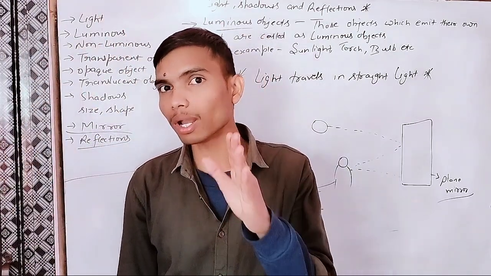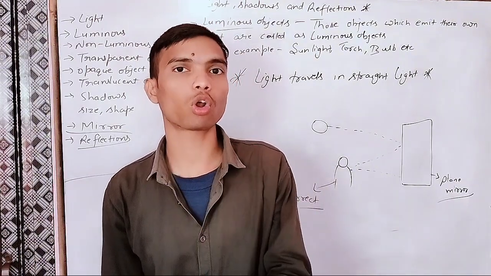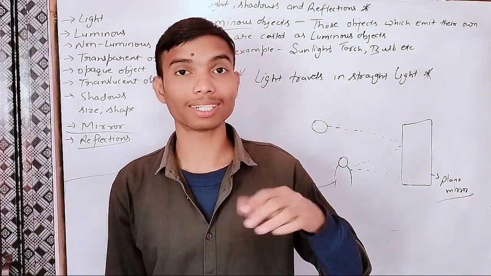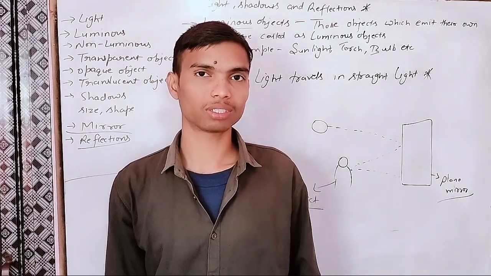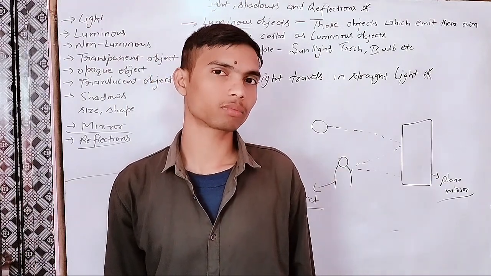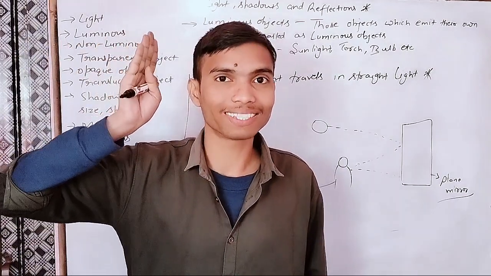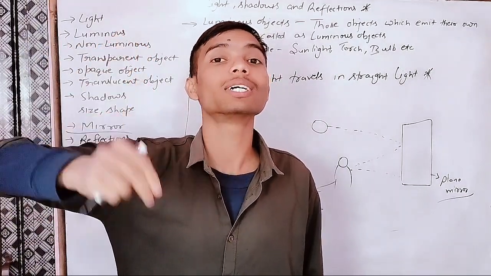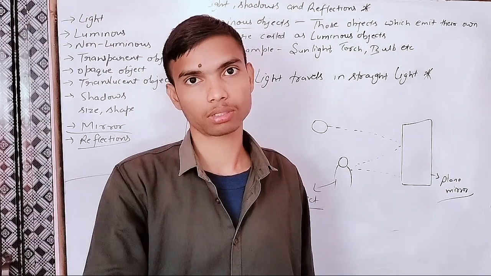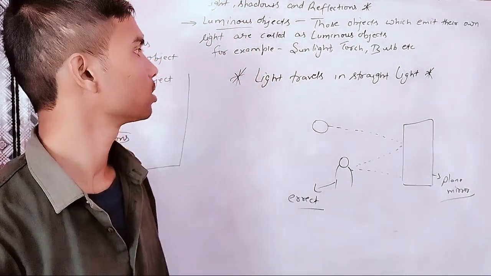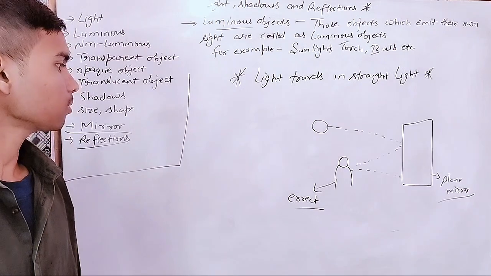So the left side of the original object would appear as the right side inside the mirror, and the right side of the original object would appear as the left side.